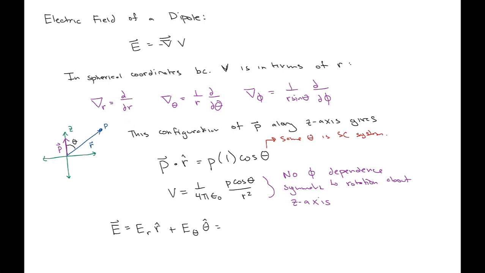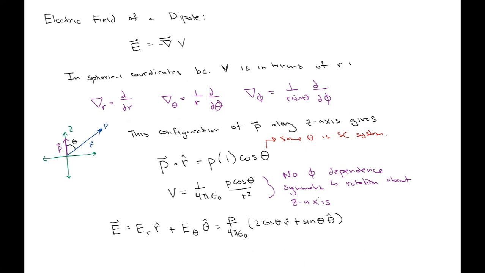That's straightforward. So the p comes out, then you get 4 pi epsilon naught, and you're left with 2 cosine theta in the r hat direction plus sine of theta in the theta hat direction. Sweet.